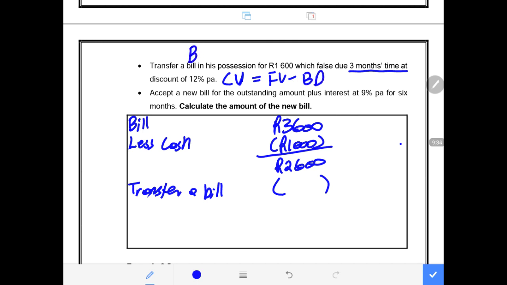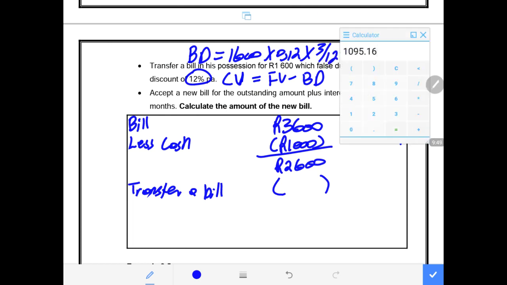We needed to calculate the banker's discount, which is equal to 1,600 times the rate of discount 0.12 times 3 months out of the 12 months, so 1,600 times 0.12 times 3 divided by 12.